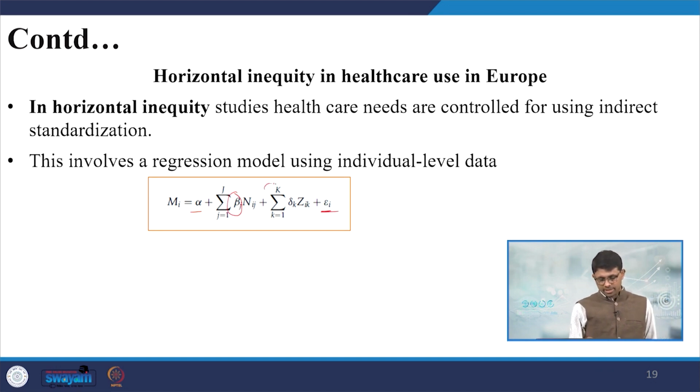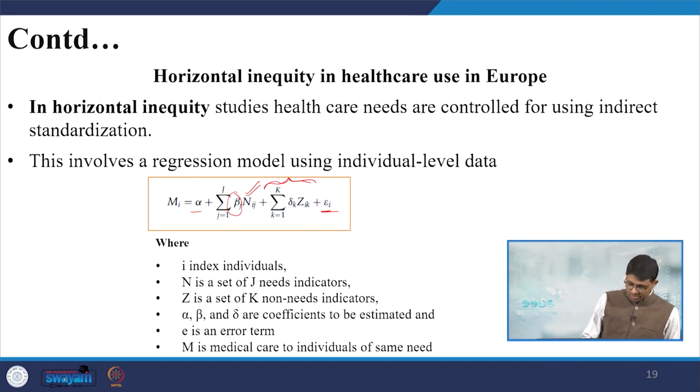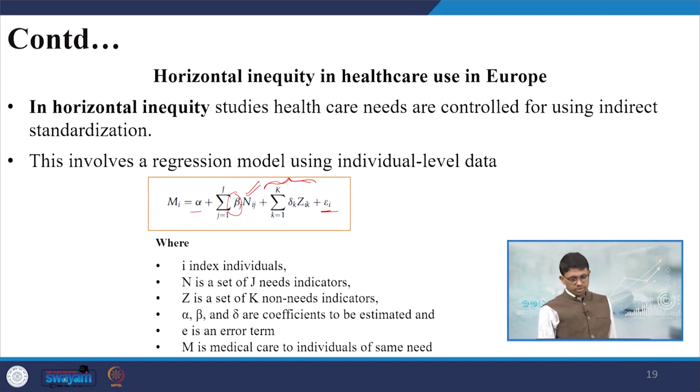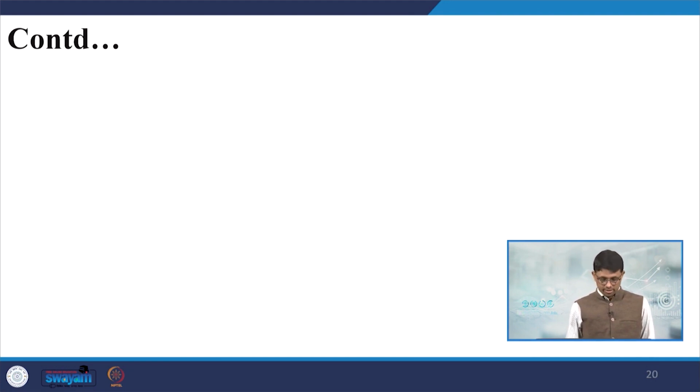Since we are emphasizing the need based variables, this part might also be added with the error distribution. M is the medical care to individuals of the same need, and the others I have already explained. N is a set of J need indicators, and Z is a set of K non-need indicators.